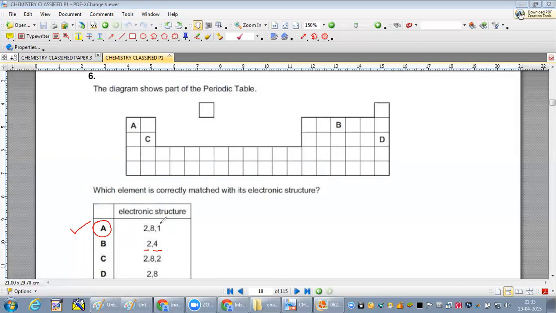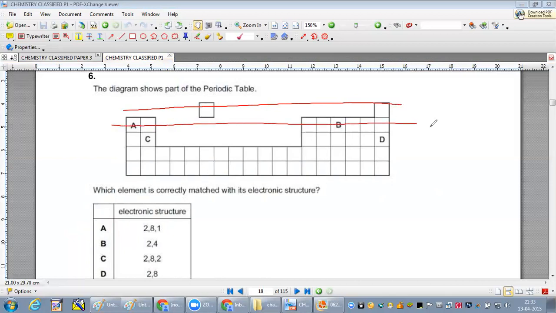Wait, I'll come to it. Just check this, because here we also have to see the period. This is the first period, this is the second period. It means this should have only 2 orbits. Here there are 3 orbits, so this is not going to be the correct option.